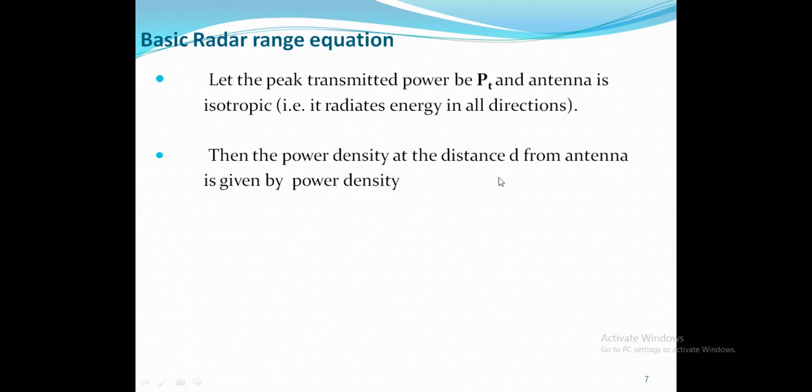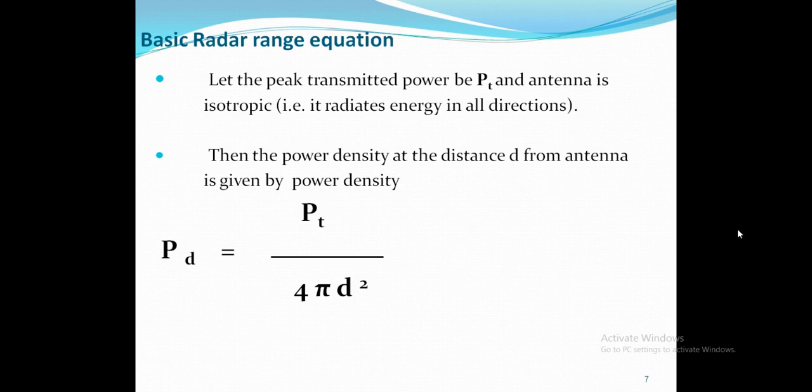Then the power density at the distance d from the antenna is given by PD equals PT by 4 pi d square, that is, radiated power by surface area. Here the radiated power is PT and the surface area is 4 pi d square.